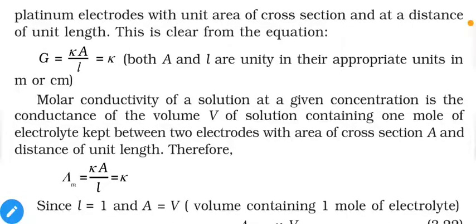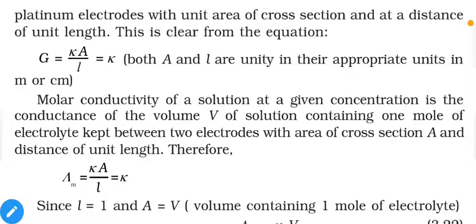For a solid piece of wire, suppose you have a solid wire or a rod, and if you want to measure its resistance or conductivity, then the length of that wire is L and the area of cross section is A. But what about liquids or solutions? For a solution, the distance between the electrodes is considered as L, length, and the volume of the solution is considered as the area of cross section.